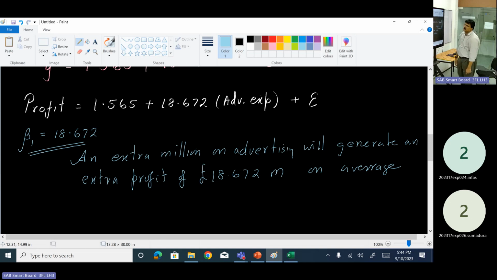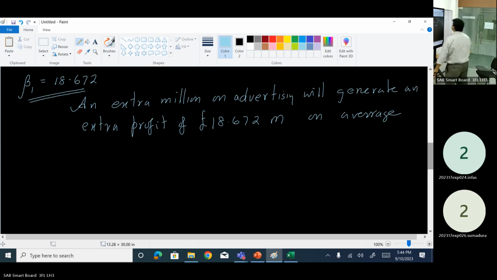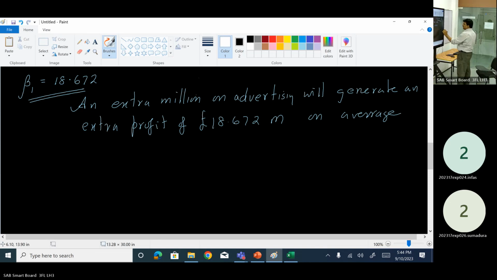So beta 1 is done. And what about beta naught? 1.565.